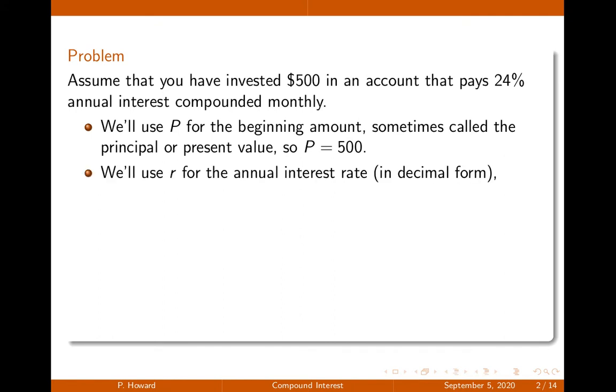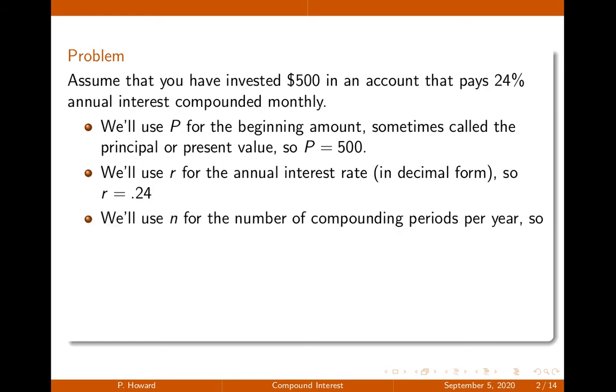We will use lowercase r for the annual interest rate, in decimal form. In our case, the annual interest rate is 24%, so r is 0.24. n is the number of compounding periods per year.